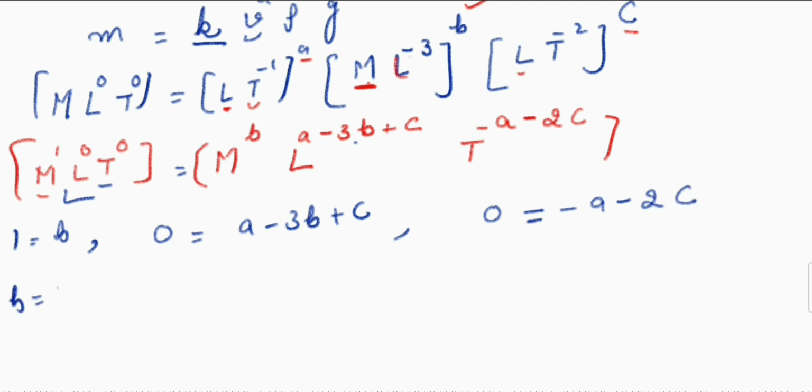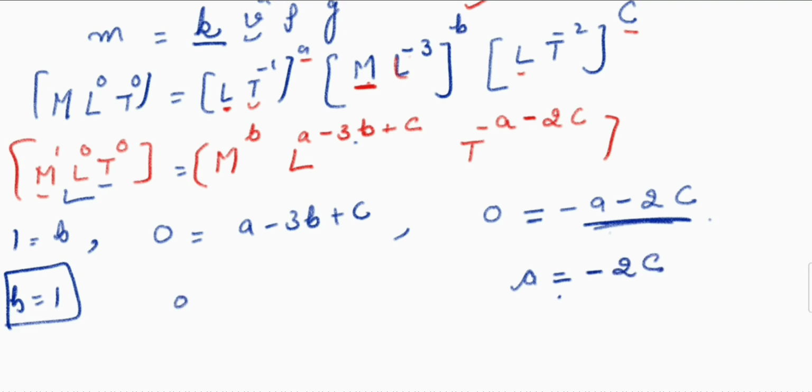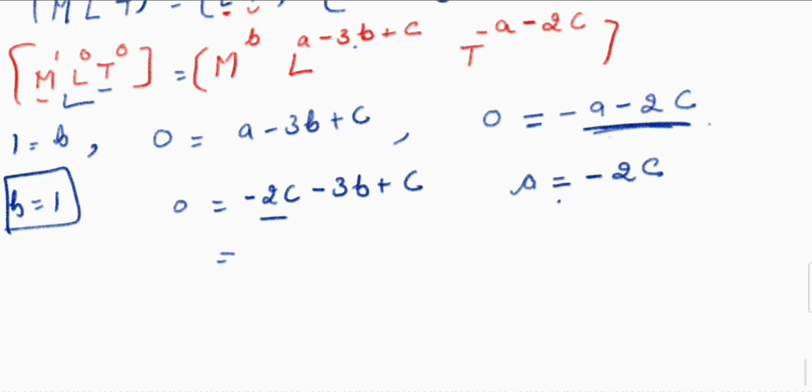So from here I get b is equal to 1. From the time equation I get a relation between a and c: a is equal to minus 2c. I'll put this value in the L equation, so I get 0 is equal to minus 2c minus 3b plus c. This becomes minus 2c plus c, so minus c minus 3b is equal to 0.